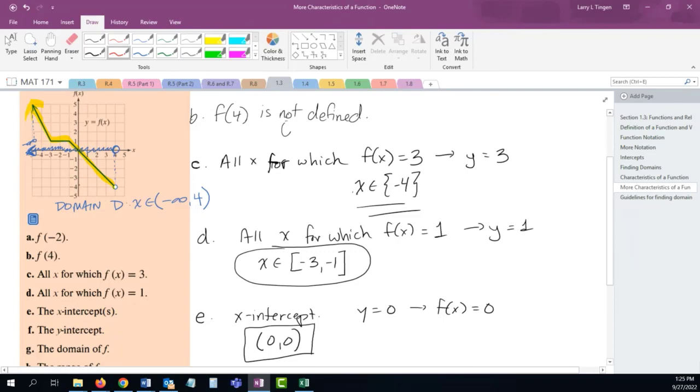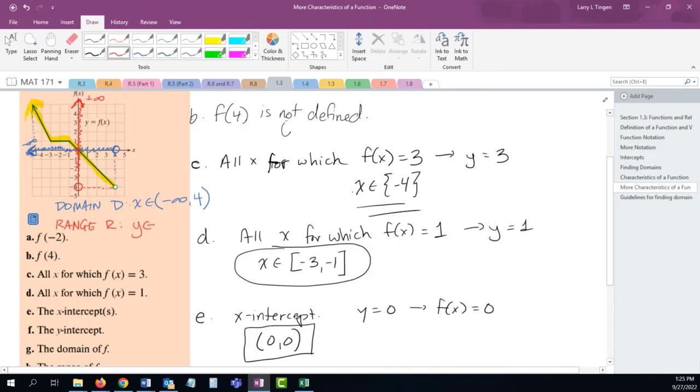So starting at the bottom, I don't have negative 4, but I do have everything greater than that. So the range continues, right? Range is going up. I'm still hitting it, I'm still hitting it, and it continues forever. So for the y-axis, I start at negative 4 and I run until forever.